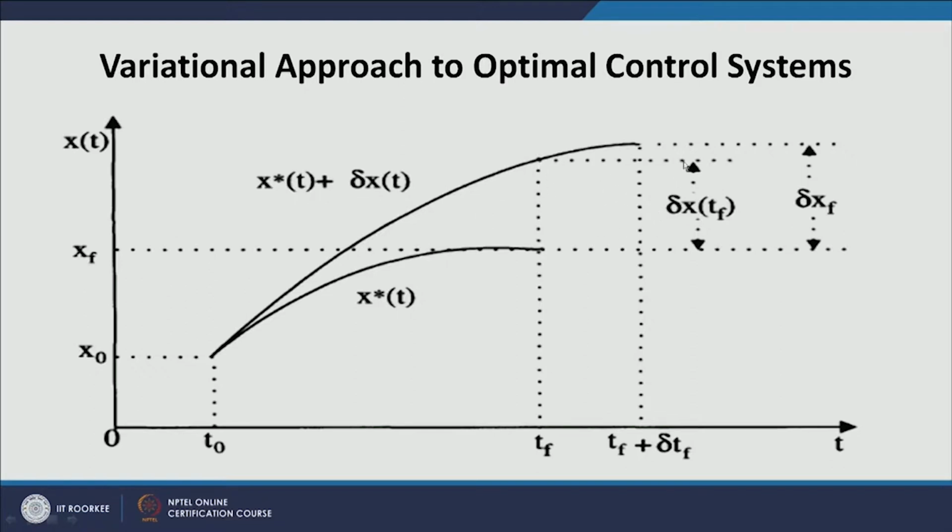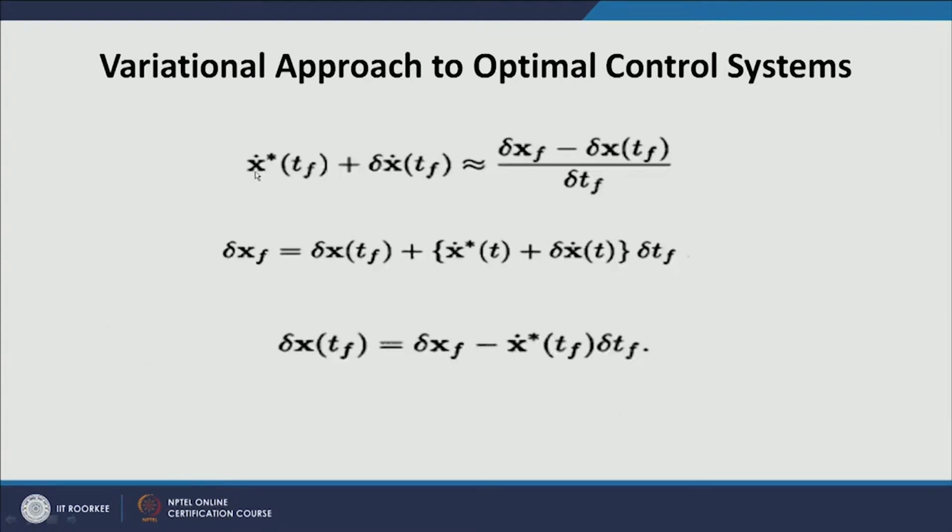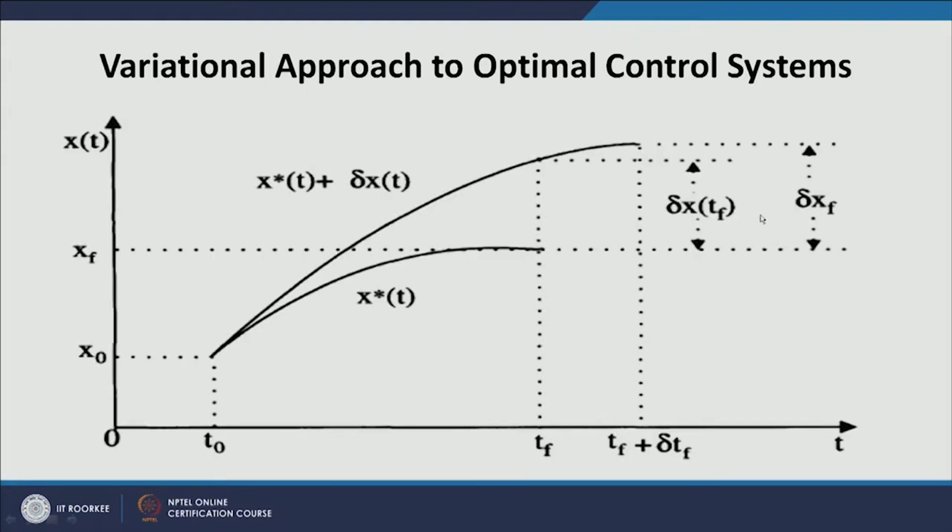The difference between these two is my delta x of tf, and the difference between the final value and the value of x(t) at the tf point is delta xf. So what we are saying is, x dot of tf at the optimal point plus delta x dot of tf, we are approximating as delta xf minus delta x of tf.